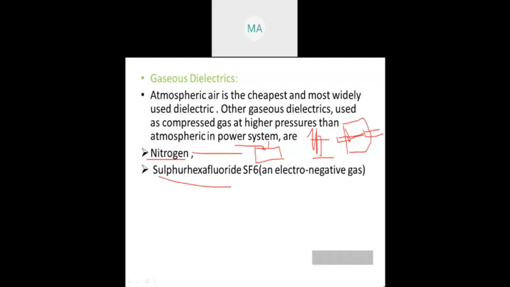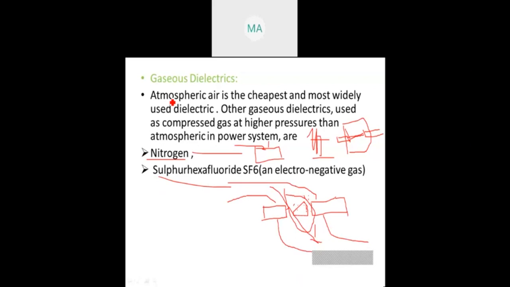The circuit breaker has one chamber. Initially the contacts are connected. Whenever a fault occurs, they separate the two conductors, the healthy section from the fault section. At that moment it forms an arc, and this arc acts as a conductor in the air, as a conducting path. So we have to remove this arc.